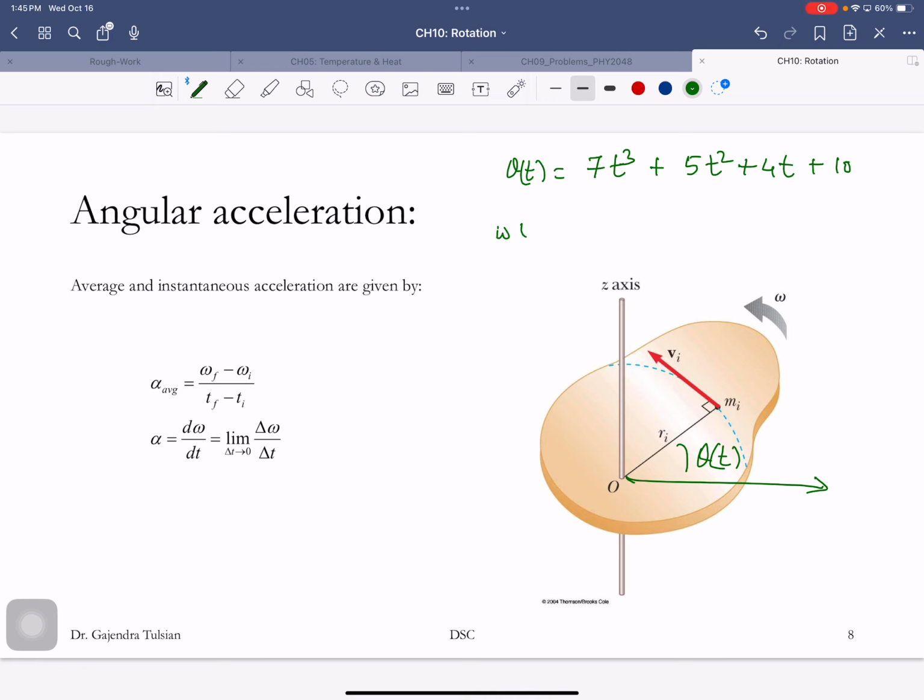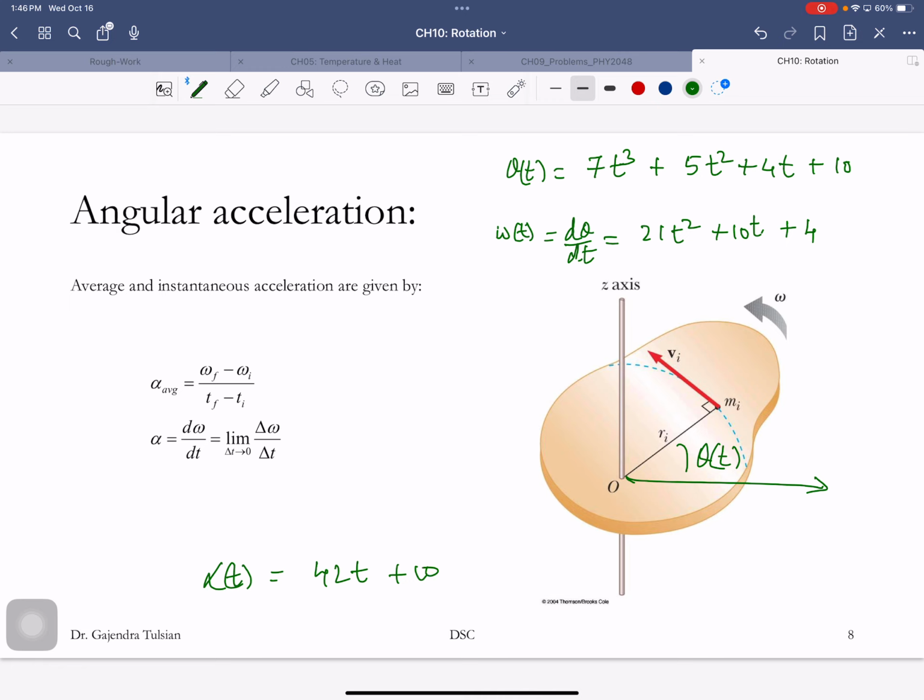Its angular velocity as a function of time is d theta by dt, which is 21t squared plus 10t plus 4. Its angular acceleration would be 42t plus 10.